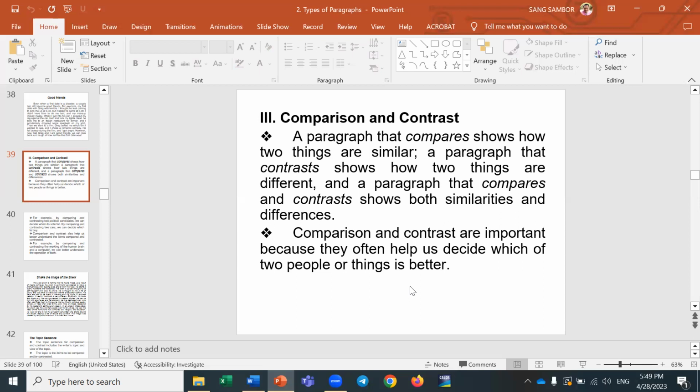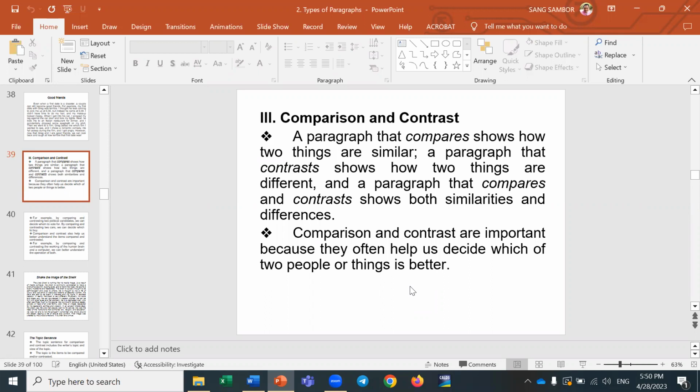Even when you are planning to buy a car, for example, you will have to compare two kinds of cars, probably Toyota and Honda, for example.